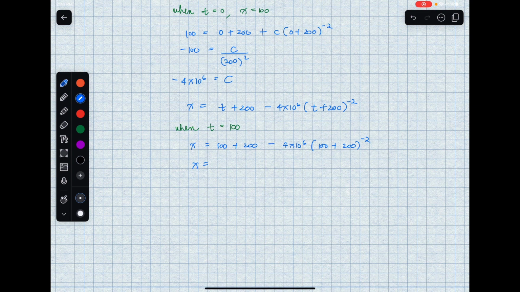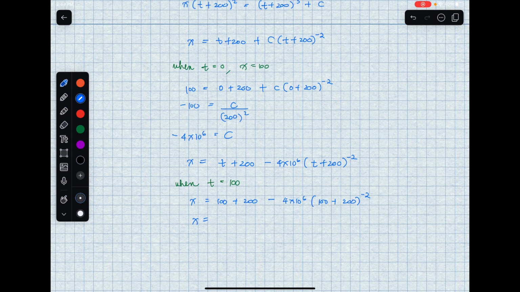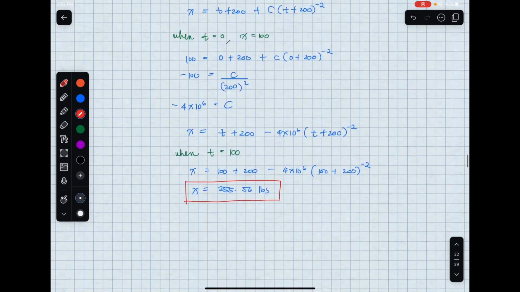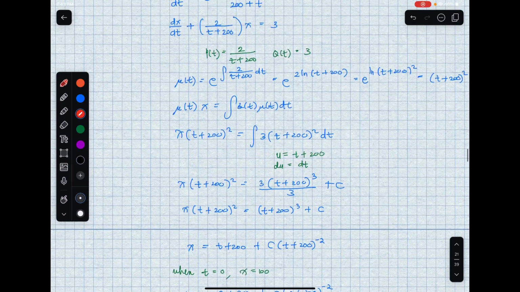So the answer is 255.56 pounds. That would be the amount of salt after 100 minutes.